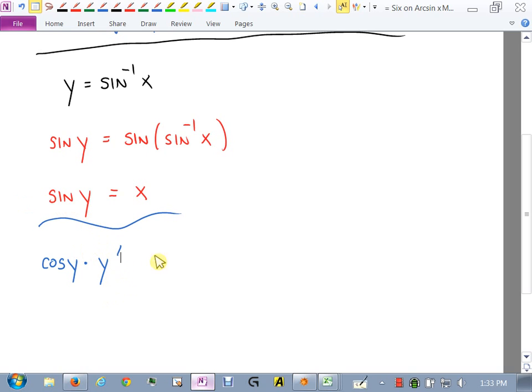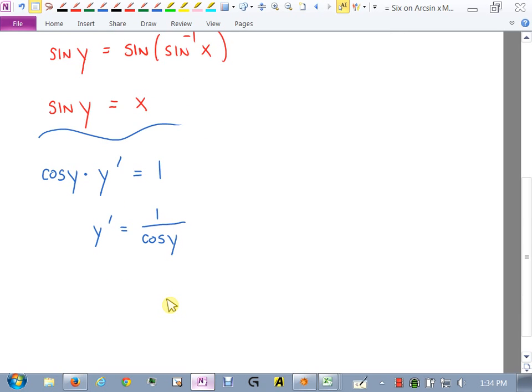Anything else on the left side? Okay, so left side's done. Equals, what is the derivative of x with respect to x? 1. So that means that y prime, if I divide both sides by cosine y, is 1 over cosine y, isn't it?